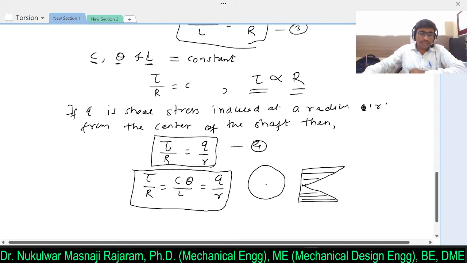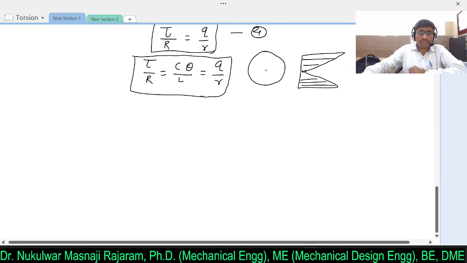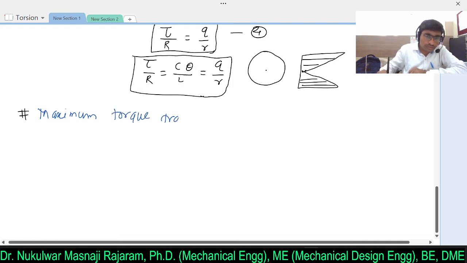I hope you understood the concept of torsion and how this equation is derived. Now we will move further and we will see the maximum torque transmitted by a circular solid shaft.